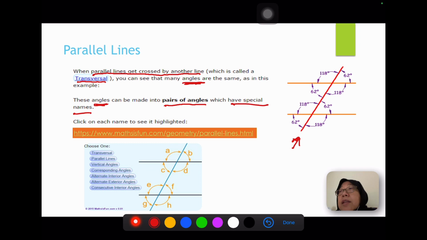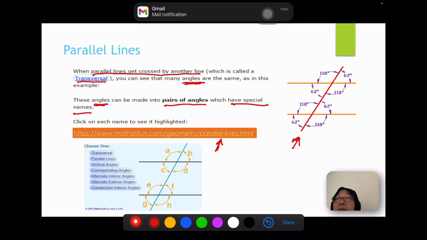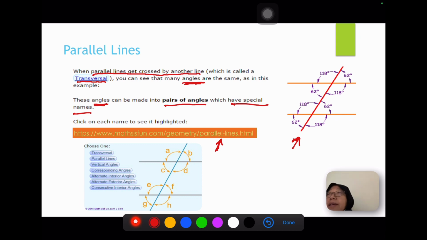So now you need to remember the names of the special angles. You can click on this link to see what the special angles are.